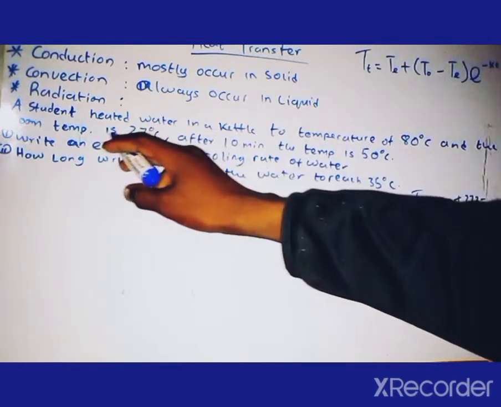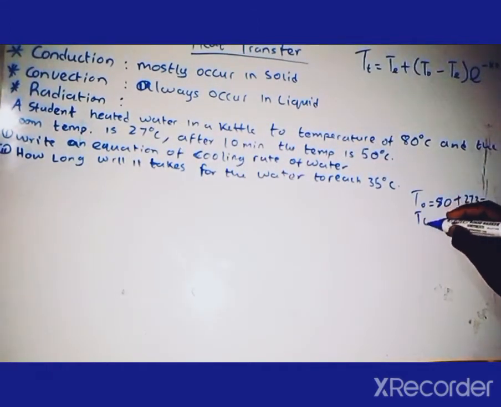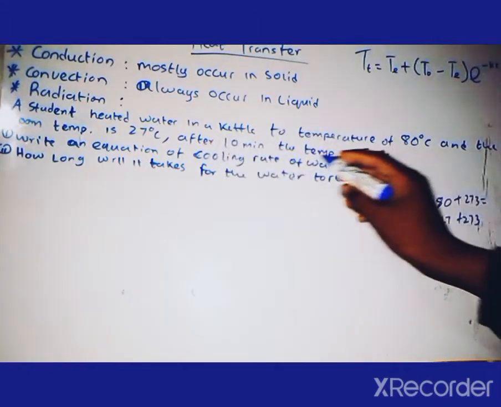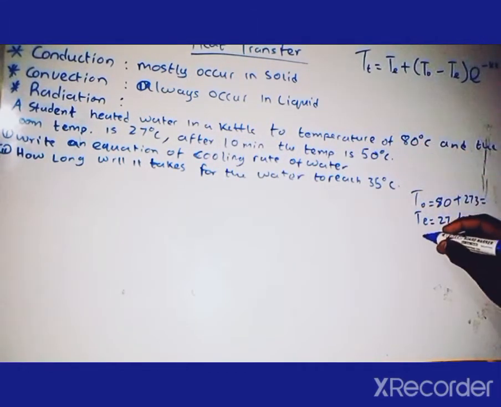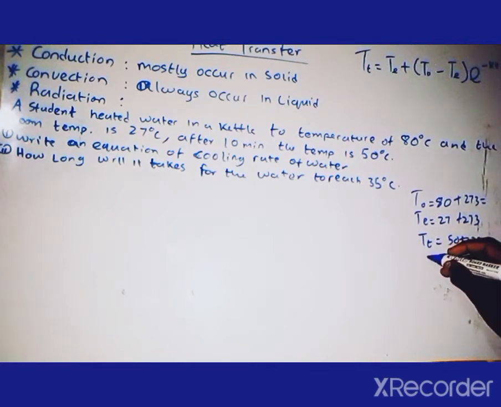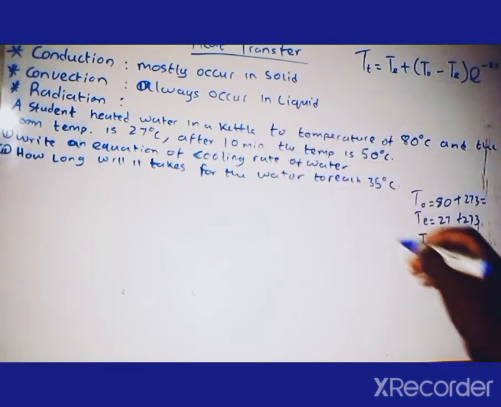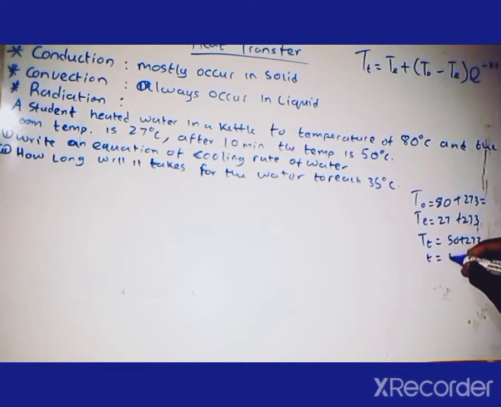The room temperature, that is the temperature of the environment, is 27 plus 273. After 10 minutes the temperature is 50, that is 50 plus 273. The time is 10 minutes, that is 600 seconds, 10 times 60.